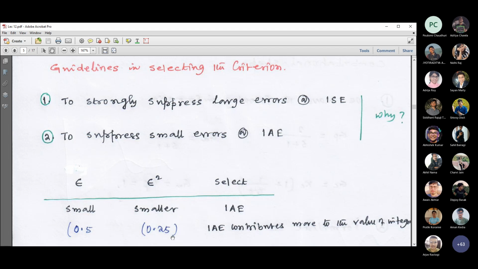Got the point? Let me again repeat. We have to consider which one is greater. Among these two values, 0.5 is greater than 0.25. That means this error term contributes more to the value of the integral.